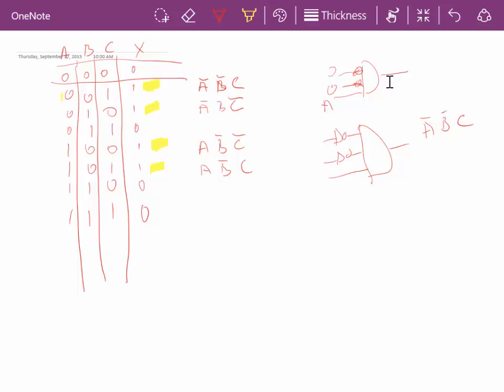So whenever any of those gates' outputs is a 1, I want my output to be 1. So I would write my expression as A naught, B naught, C, or A naught, B, C naught, or A, B naught, C naught, or A, B naught, C equals X. So I can very quickly write an expression from a truth table.